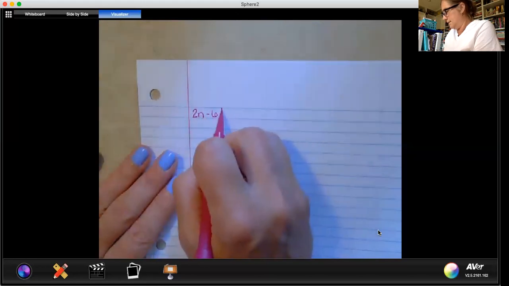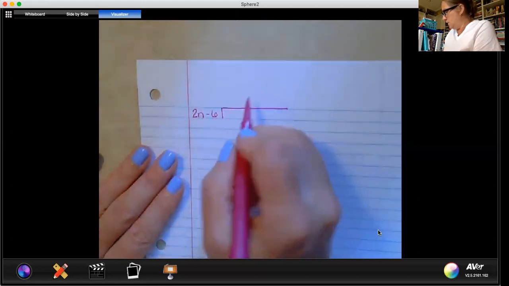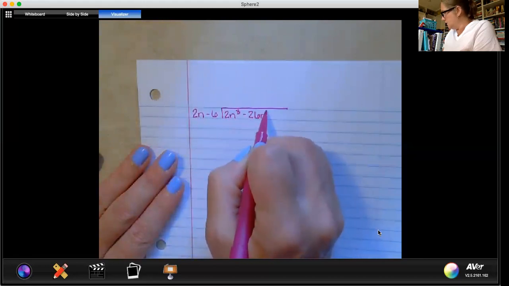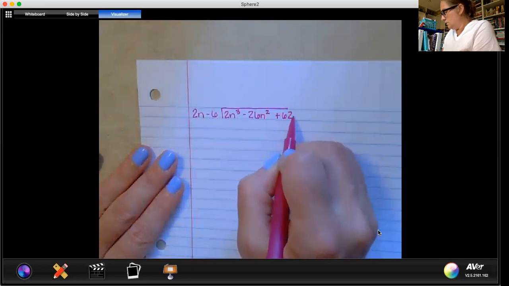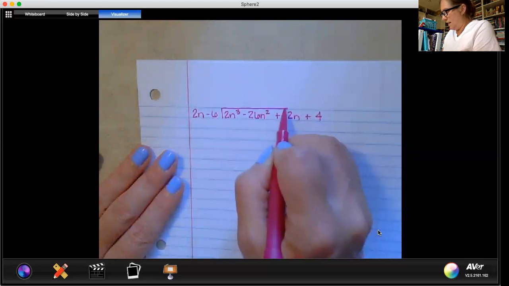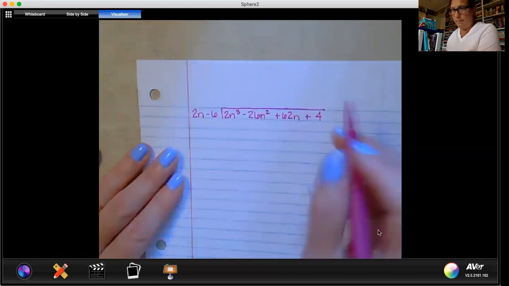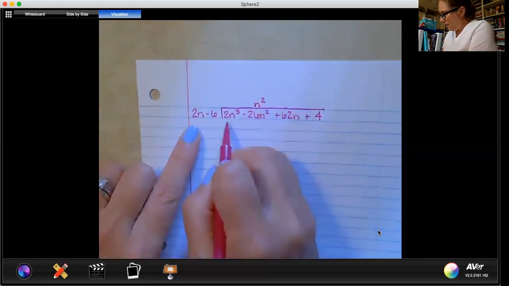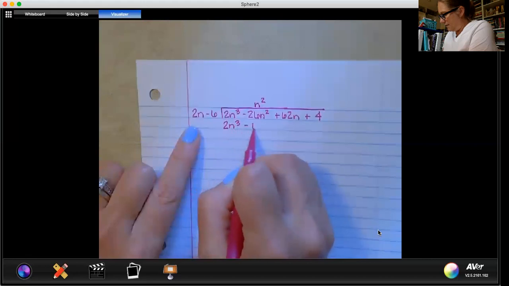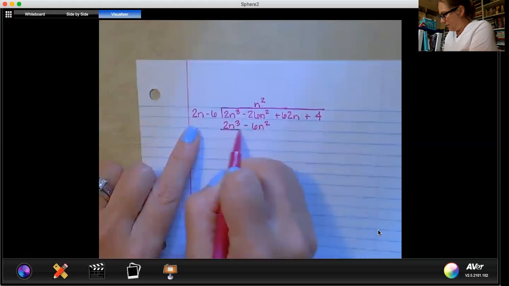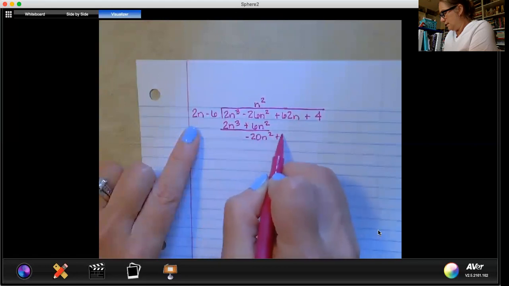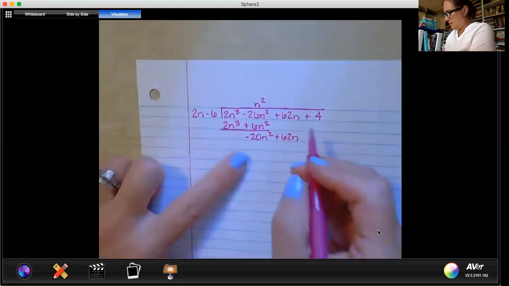2n minus 6 goes into 2n to the third minus 26n squared plus 62n plus 4. I apologize for that. I don't know where that 4 came from. So we had n squared, that part was right, minus 6n squared, that part was right. This should be negative 20n squared plus 62n. Let's try this now.